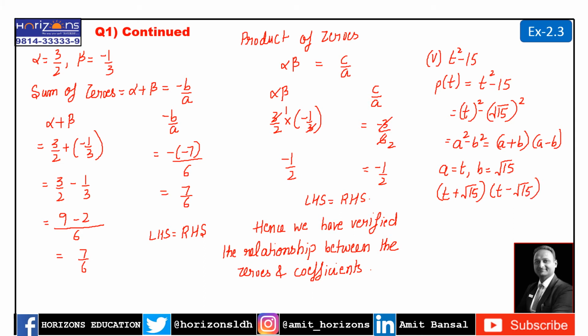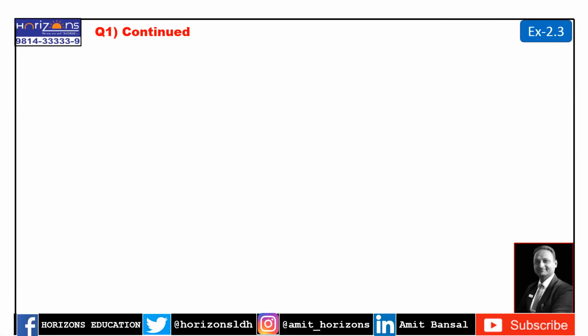Now what do we have to do to find the zeros, right? Now to find zeros, we will put this polynomial p(t) equal to 0, right?